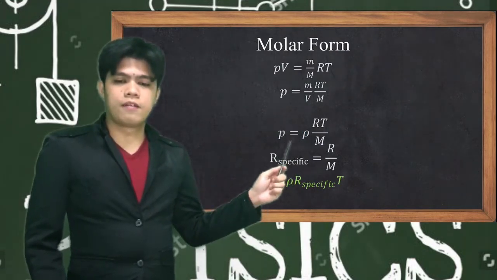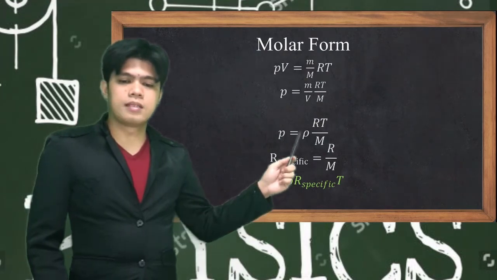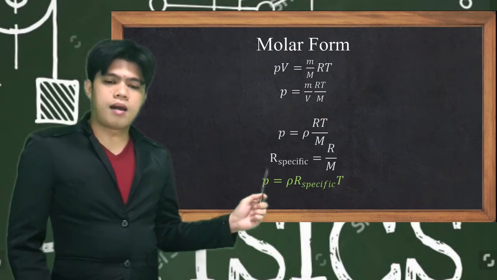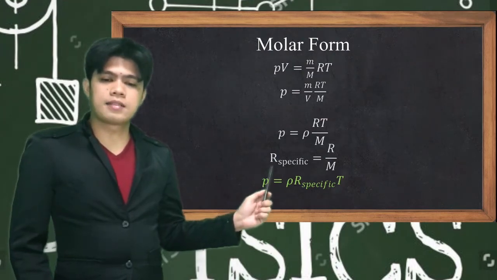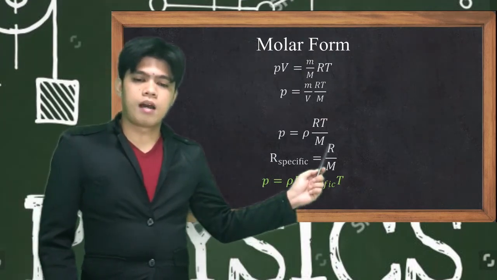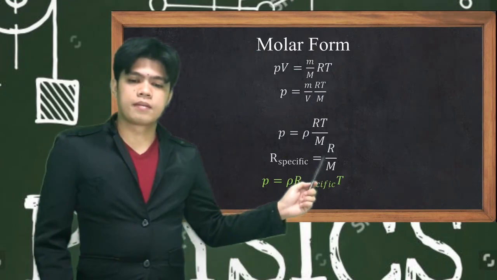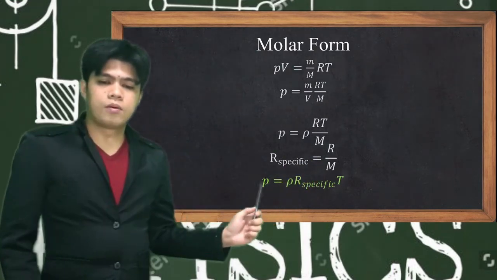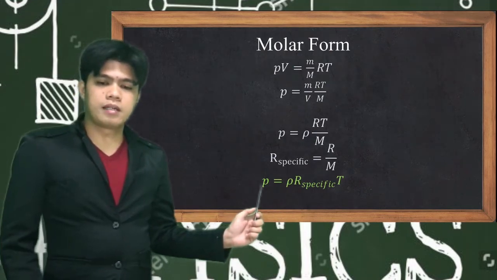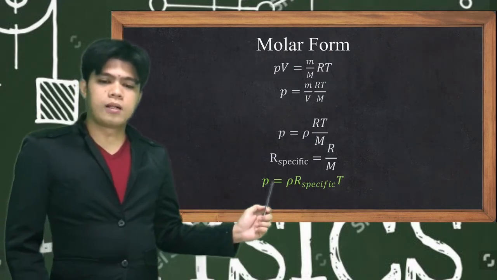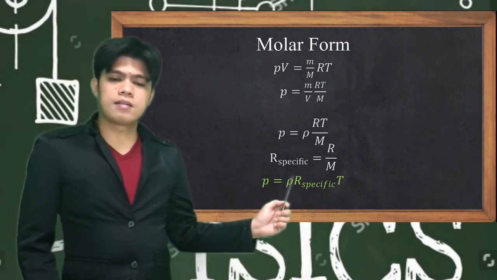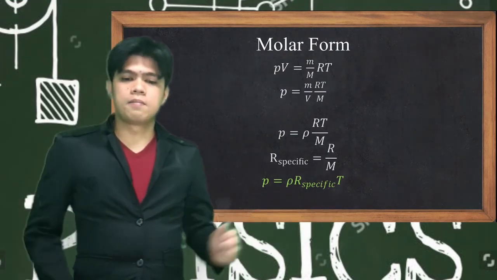Now we are left with pressure is equal to density times RT over m, where R, our specific gas constant, is equal to R over m. So now our pressure P is equal to the density times our specific gas constant times the temperature.